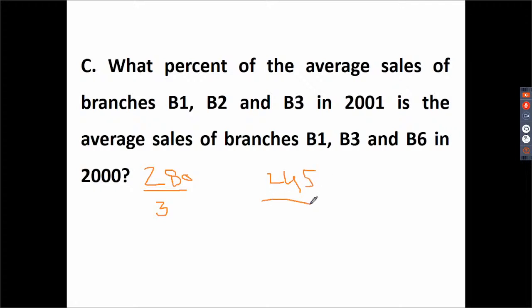245 by 3. So what is the question here? What percentage of X is Y? 280 by 3, 245 by 3. On the right hand side and left hand side, both 3s are cancelled.